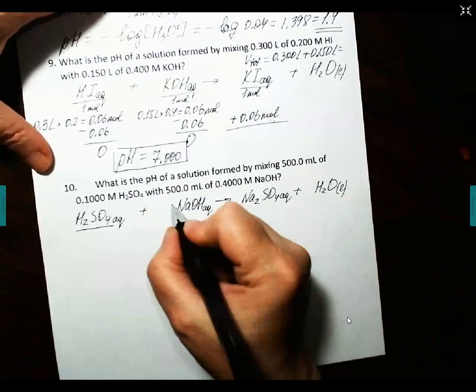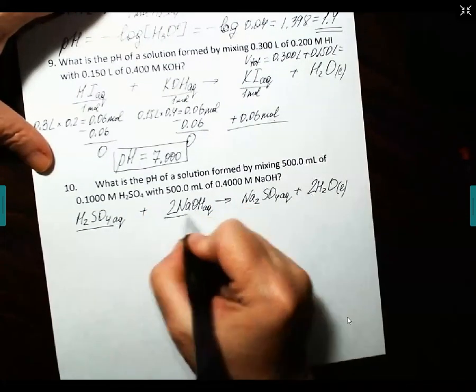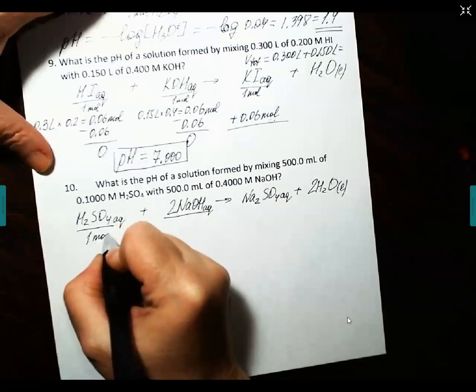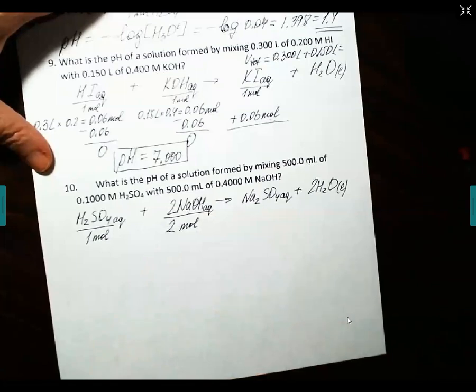And we need to balance it. Now it is balanced. So in this case, 1 mole of sulfuric acid requires 2 moles of sodium hydroxide.